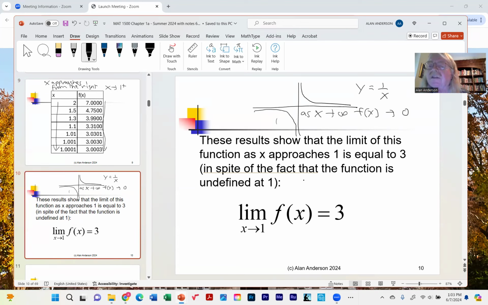So we could say in this case that the limit is 0 as x goes to positive infinity. And on down here, as x goes to negative infinity, the function is also getting very, very close to 0.